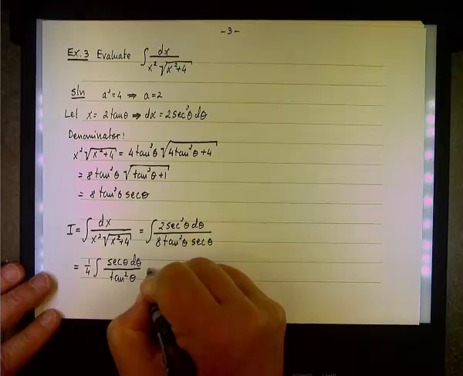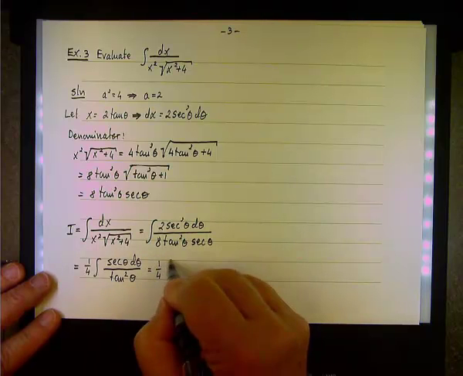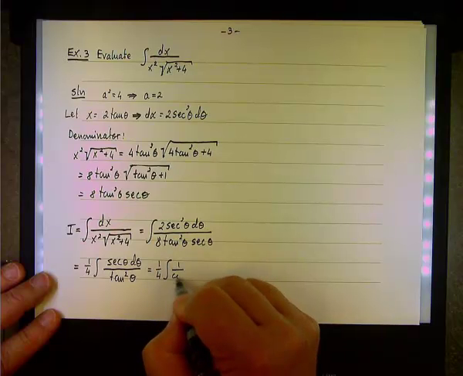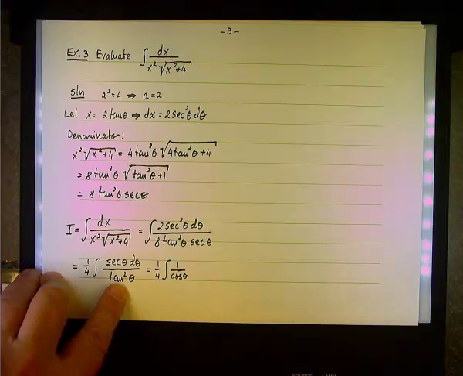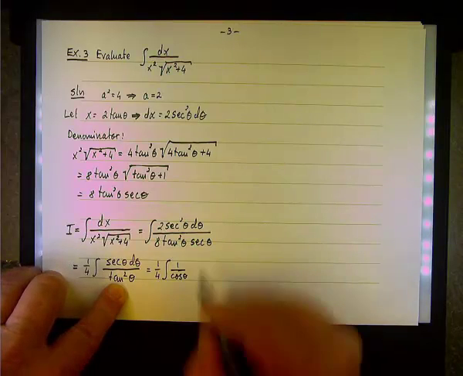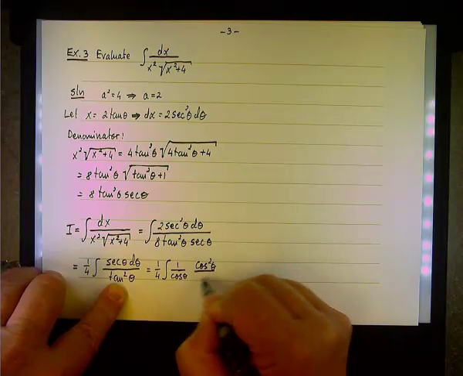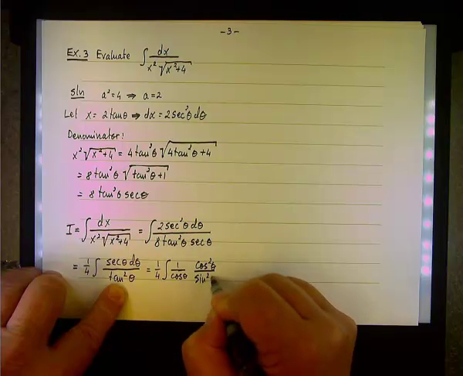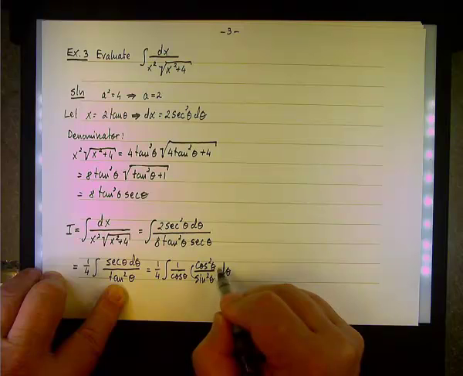So let's see. We have 1/4. The secant is 1 over cosine. And then we have 1 over the tangent squared. But 1 over the tangent squared is the cotangent squared, and the cotangent squared is cosine squared divided by sine squared. Okay.